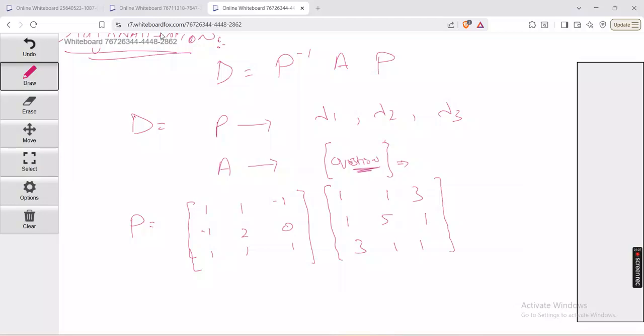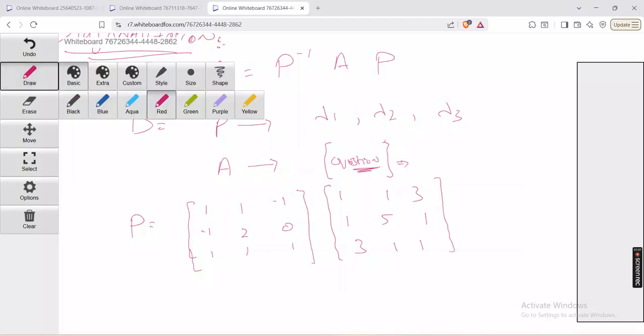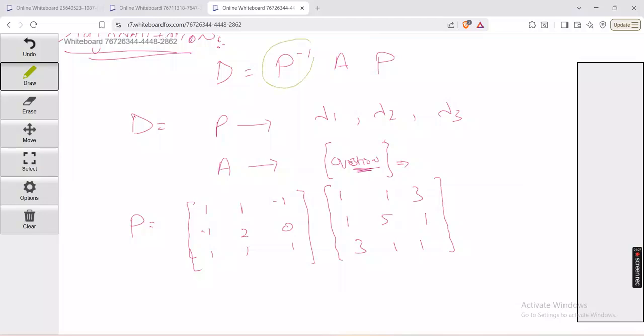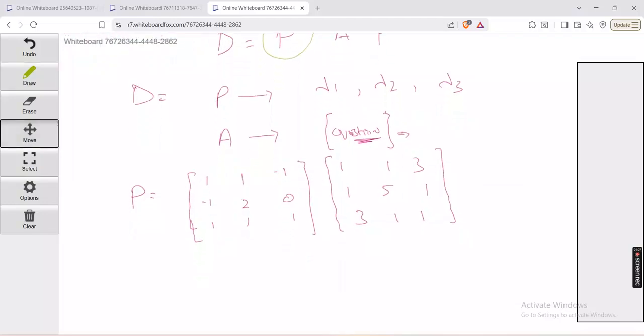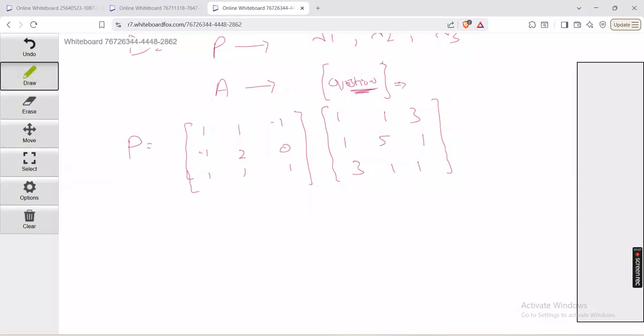Now here if you see, it's mentioned P inverse, and you know how we can find P inverse.